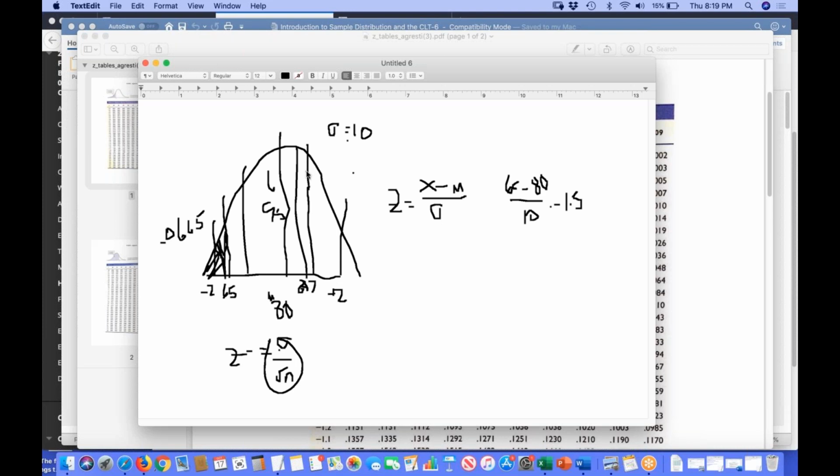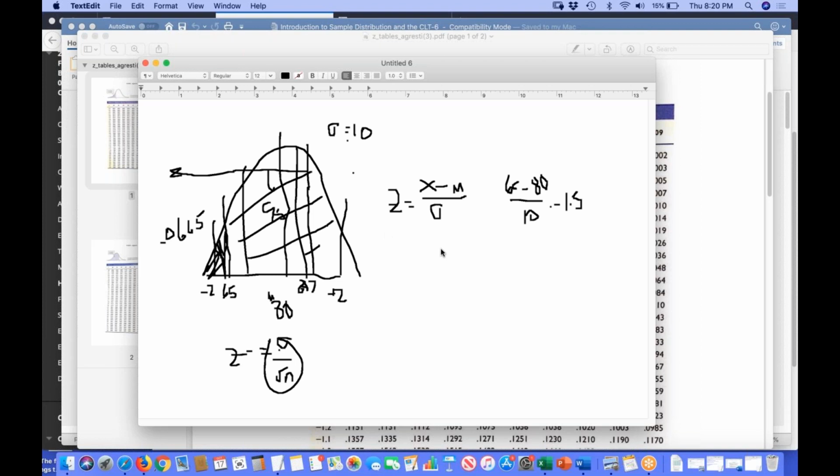So if I find the Z-score for this, I can tell you what the area is from here down. But now I want to know the area not for the whole normal distribution. I want to know the area only from here to 65, in other words, this area in here. Well, what I can do is look up this area from here down, that entire area on the Z table, and then subtract the 6.65% from that to get the area between these two values.